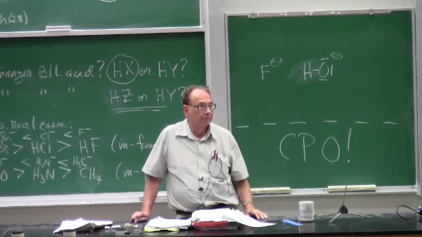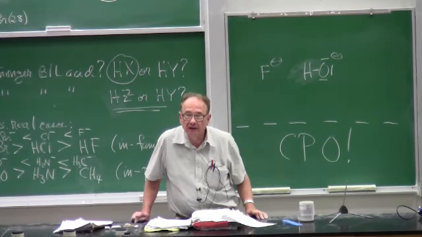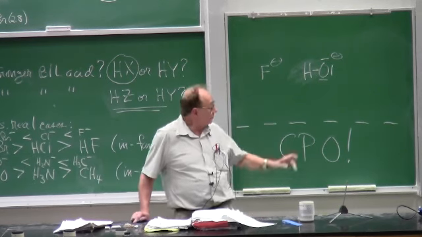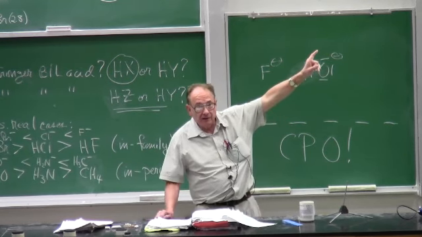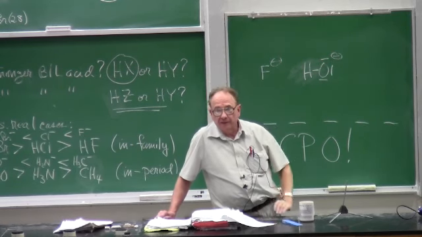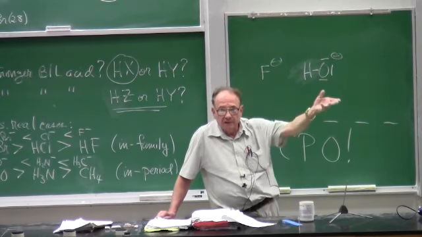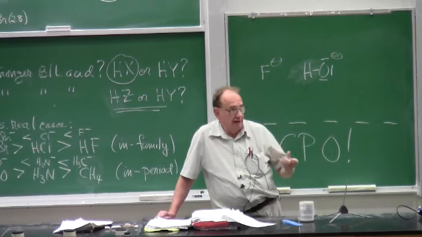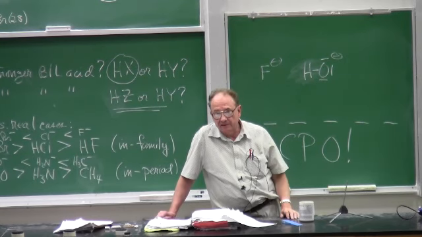About the same. But which one should be a little larger? This one, right? Doesn't that keep with our size trend? Carbon bigger than nitrogen, bigger than oxygen, bigger than fluorine. So as we go from carbon to fluorine atom, we're seeing a steady shrink in size. Okay?